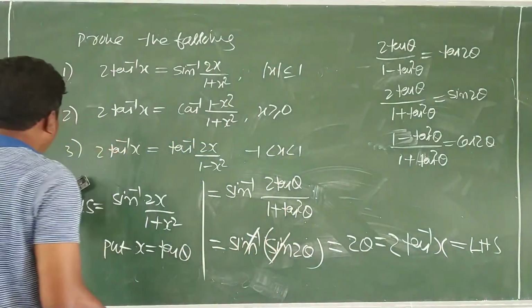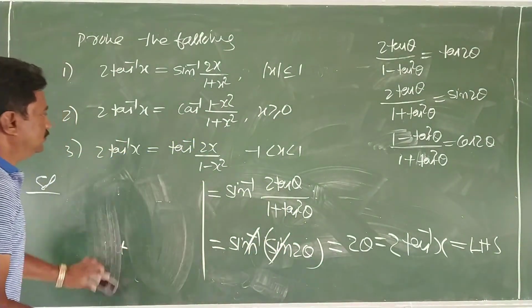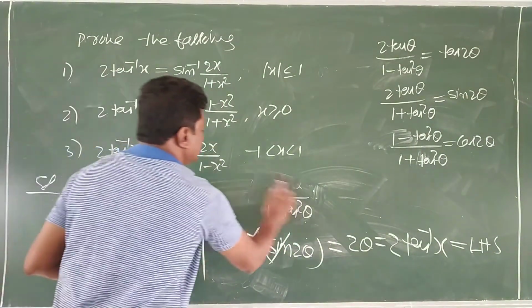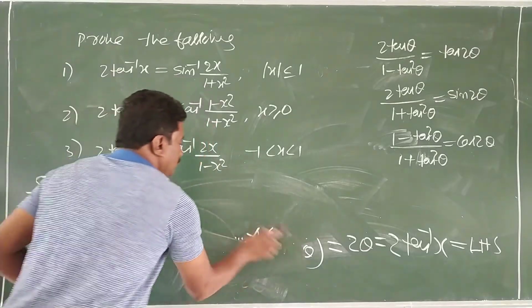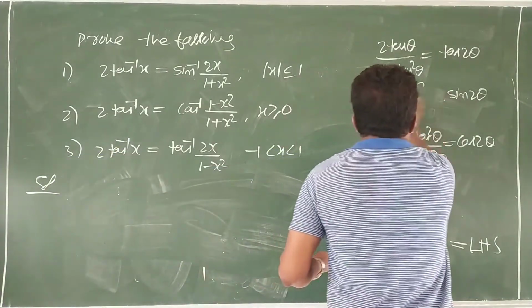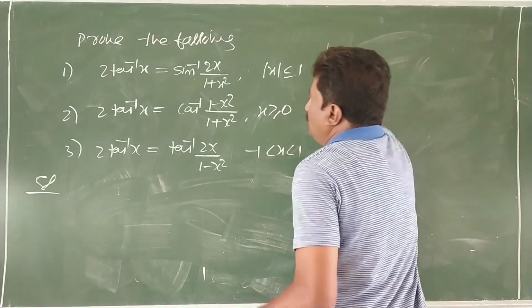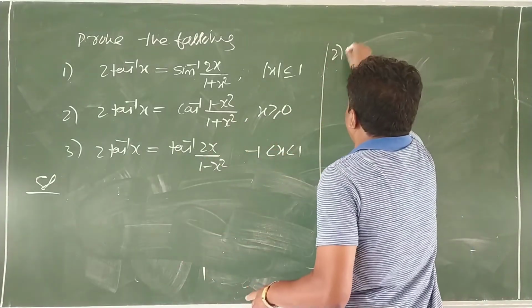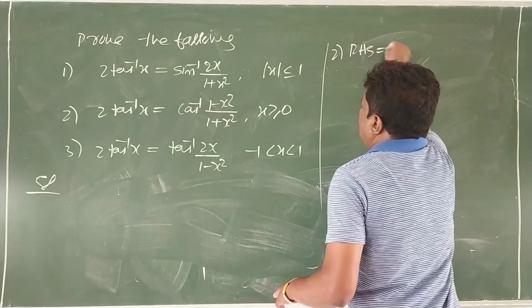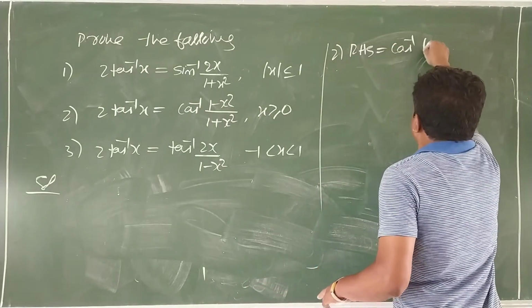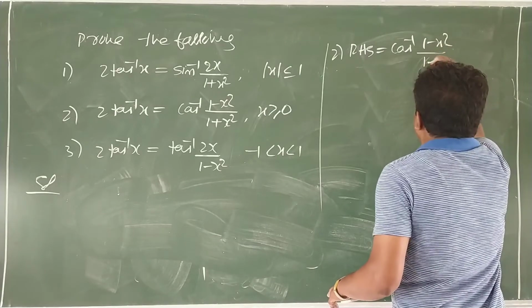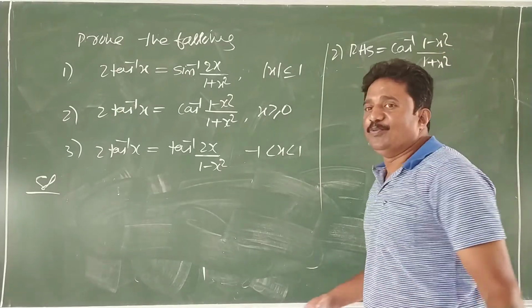Similarly, you go for proving one more. Proving that is so easy. Second one. Again, you go for proving the RHS. What is RHS? Write cos inverse 1 minus x square by 1 plus x square. Tell me the put, students.